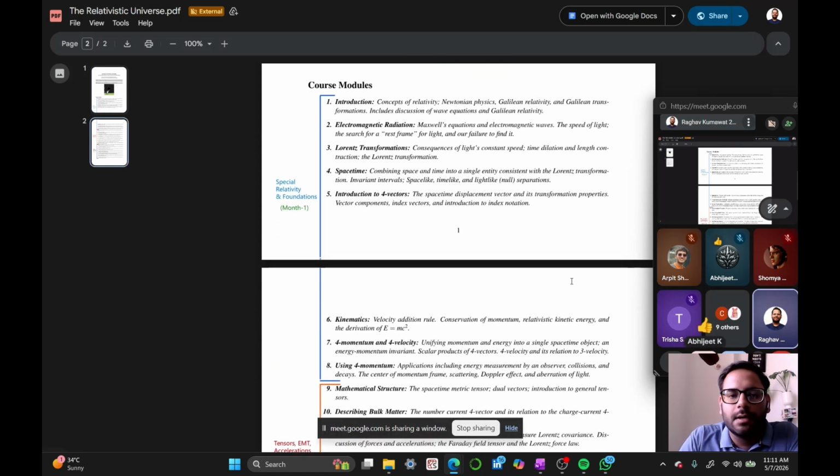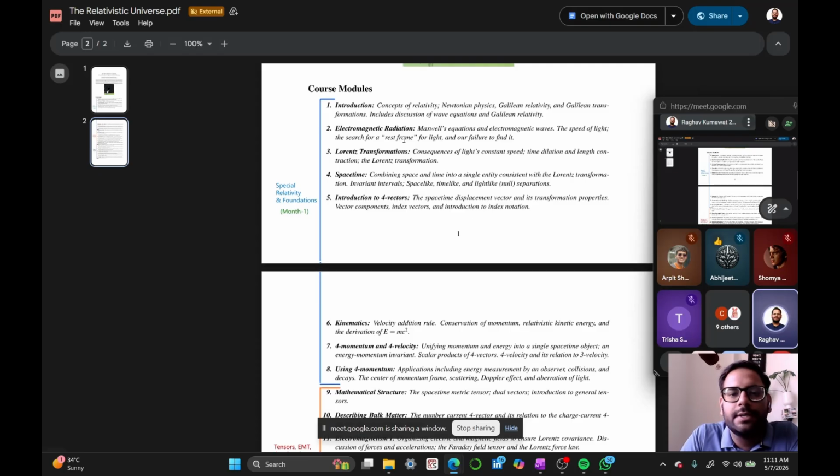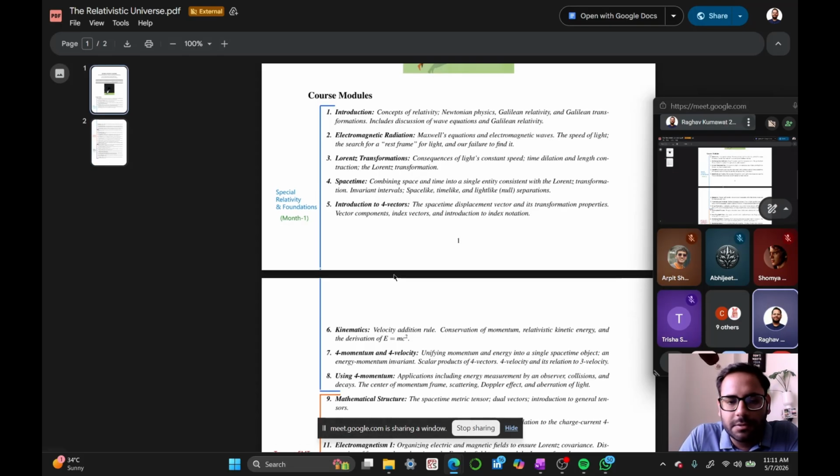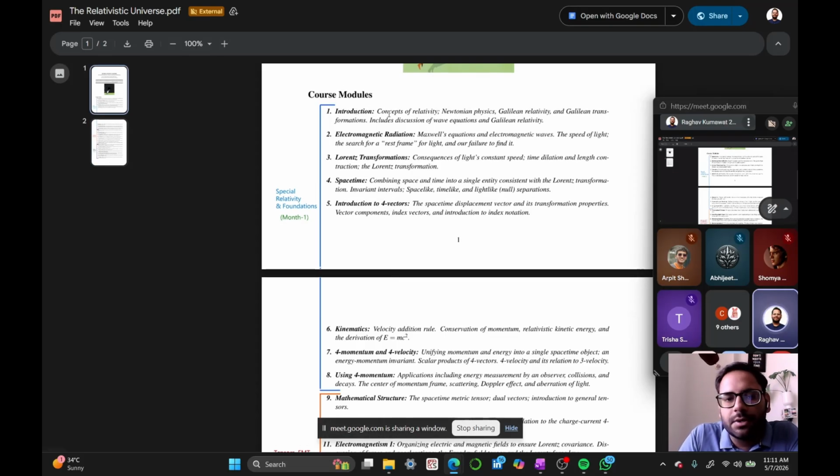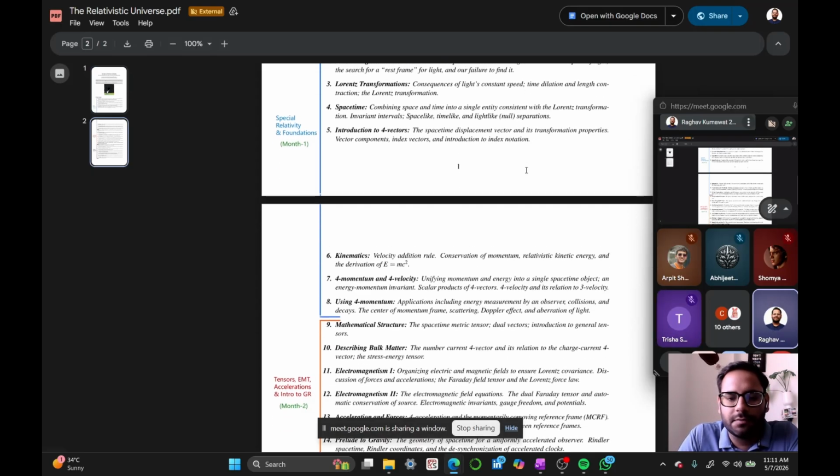So in our first month we will study the introduction, electromagnetic radiation, Lorentz transformation, and space-time. In the introduction: concepts of relativity, Newtonian physics, Galilean relativity, and then we will jump to electromagnetism, a bit of it.